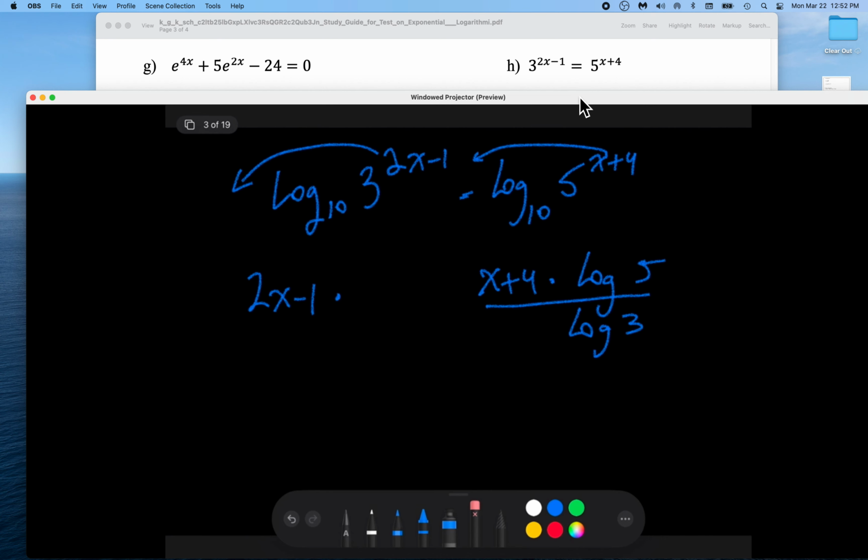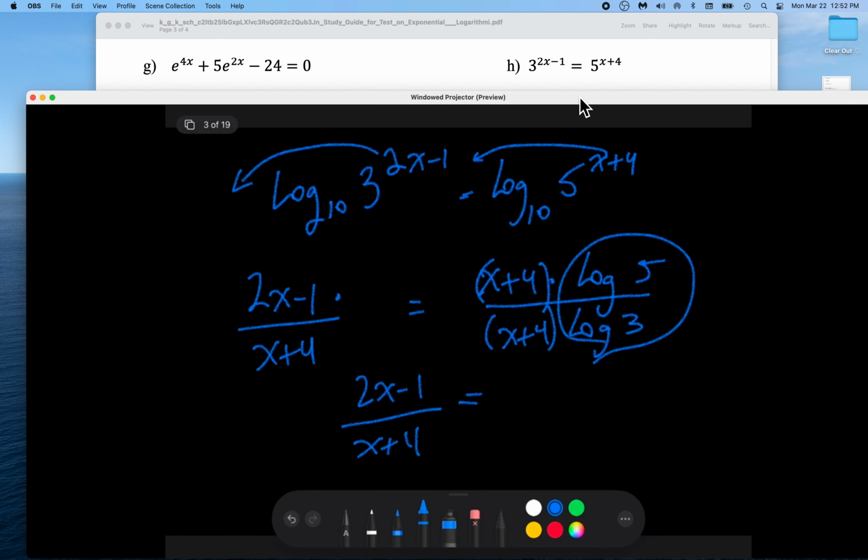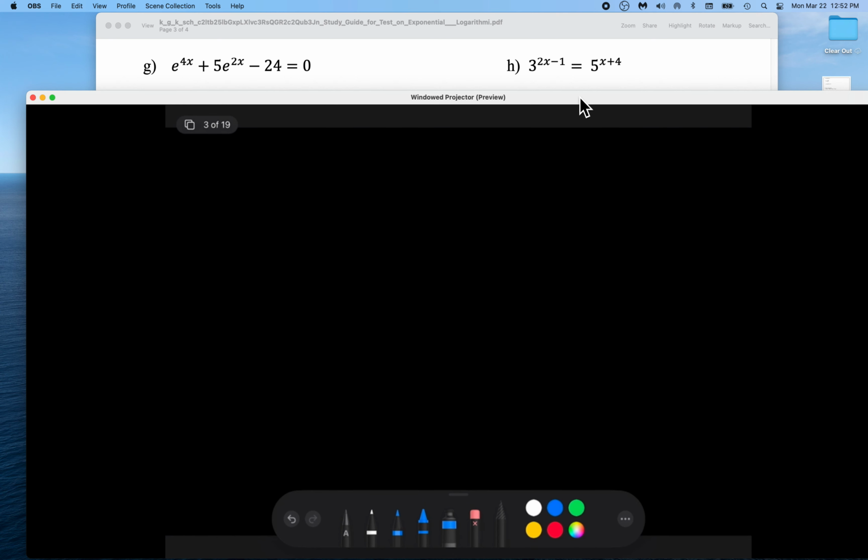Then I would divide both sides by x plus 4, and I would get 2x minus 1 over x plus 4 equals whatever this comes out to. And then I would cross multiply and solve for x. That's how I would proceed there.